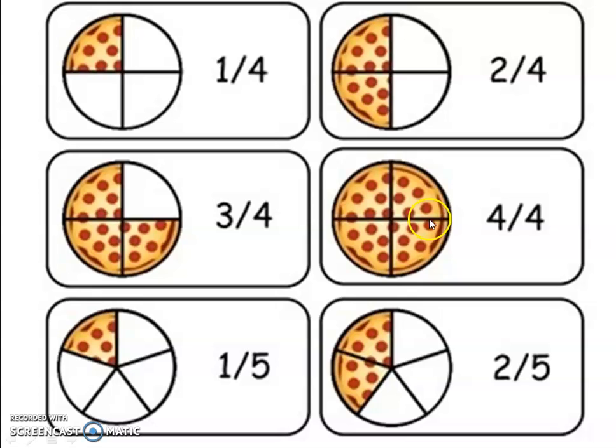If the 4s get cancelled, we get the one whole pizza. If 5 parts are there and we choose one part, that is 1 upon 5. If we choose 2 parts, that is 2 upon 5. So in the mathematical definition, we must include this topic.